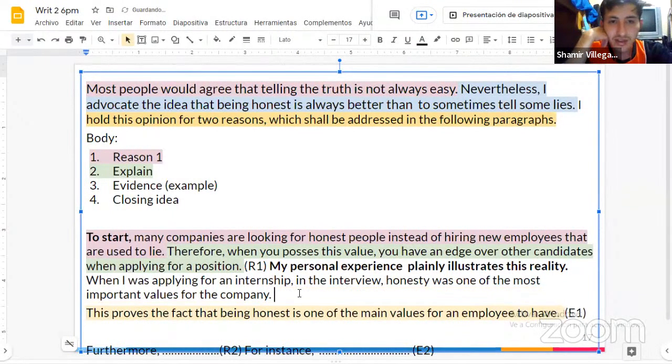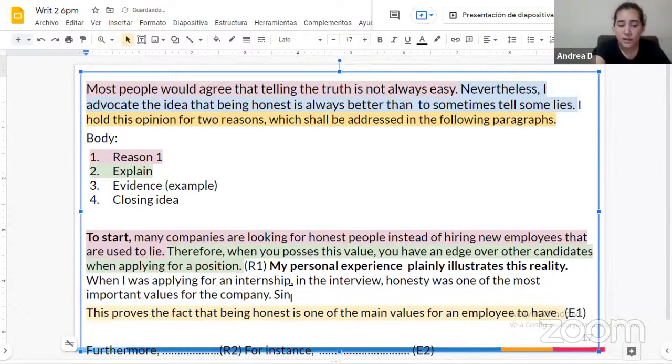For example, since the company worked in cooperation with the government and had to manage many economical resources. Okay, so you're telling me why it was important for them to have honest people as a team. Is that what you're doing? Yes. Okay, so you're continuing.